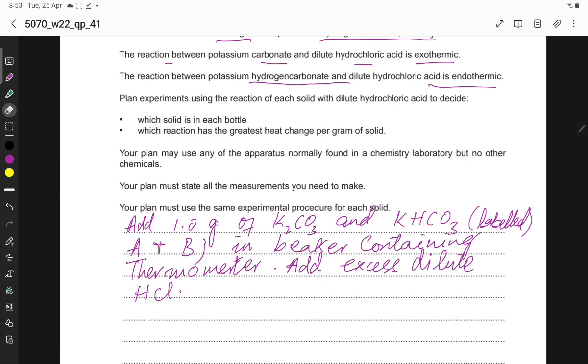Here we use an equal volume of HCl in both beakers.